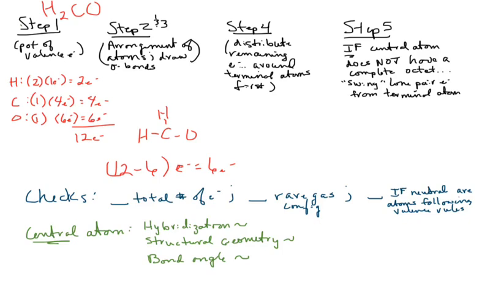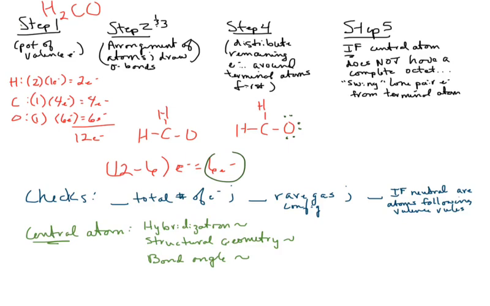So here under step 4, I'm going to redraw the structure, central carbon atom, single bond hydrogen, single bond hydrogen, single bond oxygen. And then here's where I go ahead and use those 6 electrons to make the oxygen happy. So honestly, it's going to want to hog all 6 of them, isn't it? Because right now in that preliminary structure, it only has 2 electrons.